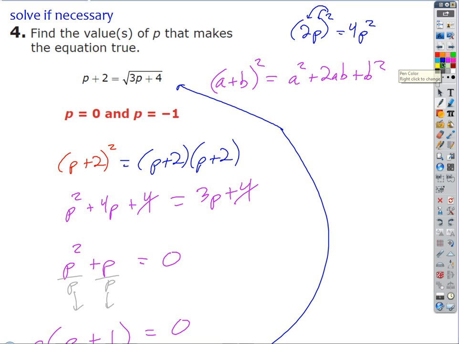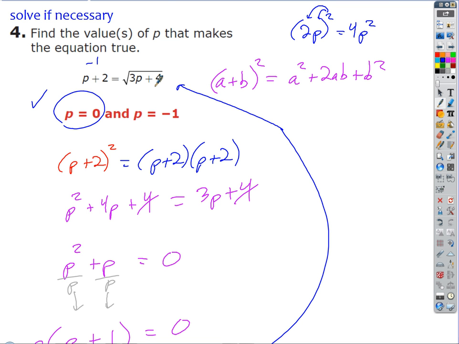So if I plug in 0, I'm just gonna get 2 equals the square root of 4. Is that true? 2 equals the square root of 4? Yes. So that one checks out. 0 works, right? How about 1 or negative 1? Negative 1 plus 2 is negative 1. 3 times negative 1 is negative 3 plus 4 is 1.